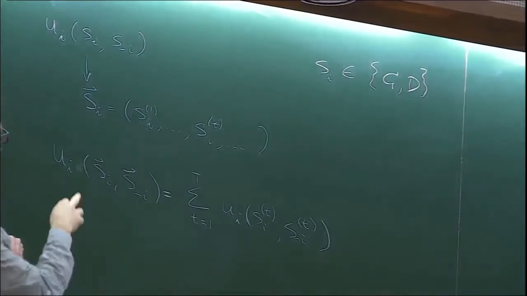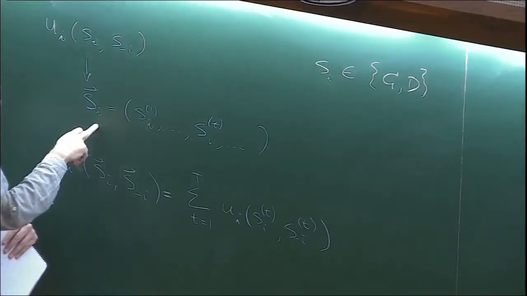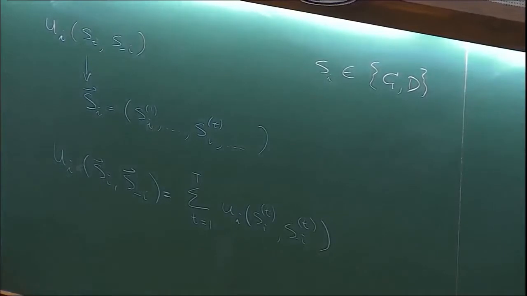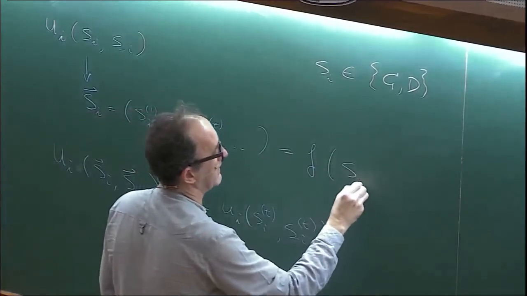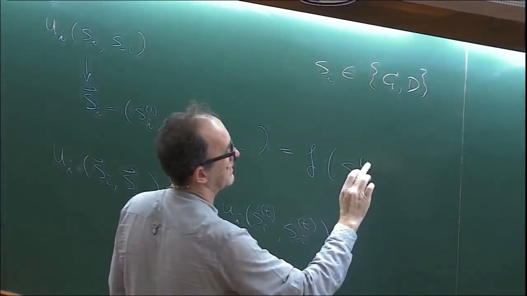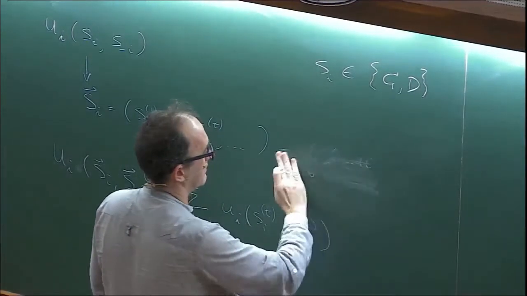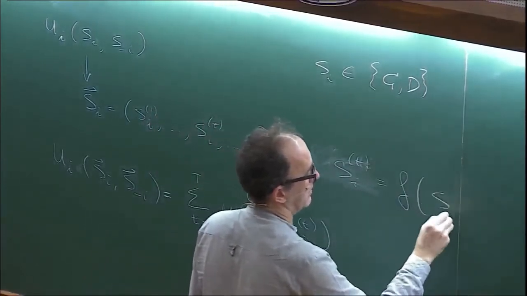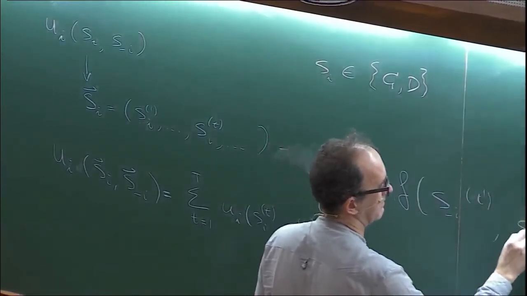You could say there are 2 to the t possible strategies for the game repeated t times. But that's not true, because a strategy in a repeated game can be a function of whatever other people played at previous times. So s_i of t is a function of whatever other people played at previous times.